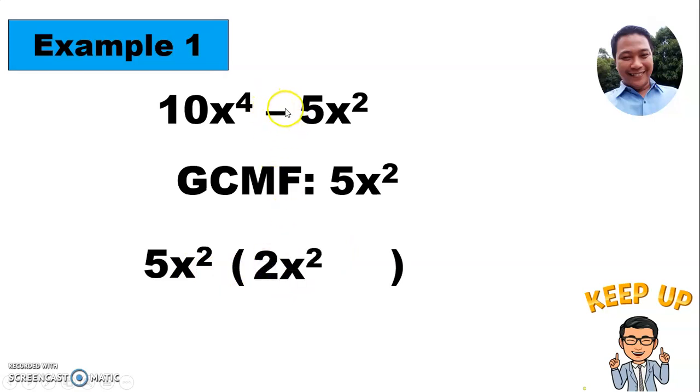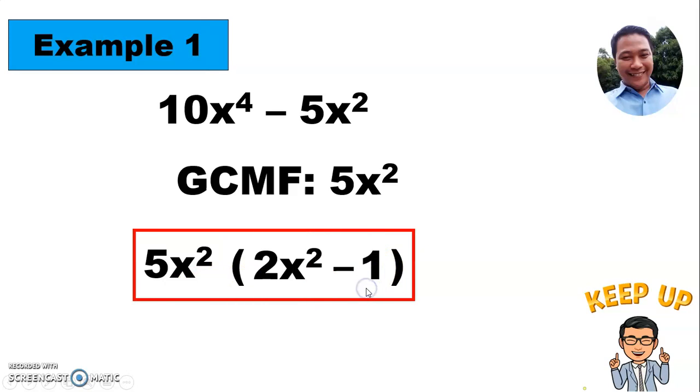Copy the operation. You have here subtraction. And 5x squared divided by 5x squared is equal to 1. Therefore, we have now the factors 5x squared multiplied by the quantity 2x squared minus 1.